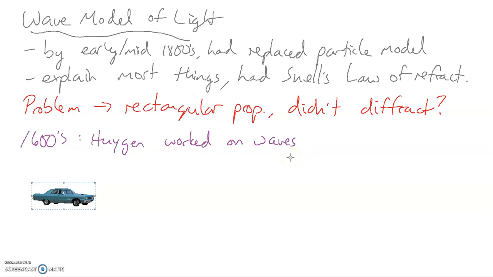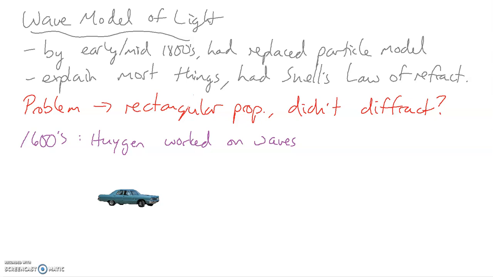Anyway, suppose we have this car. We copy it and paste it. Suppose the second picture showed up right in front of it, but as soon as the second picture showed up, the first picture just disappeared.